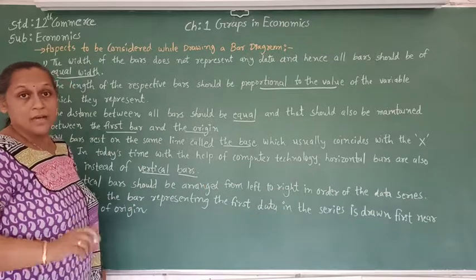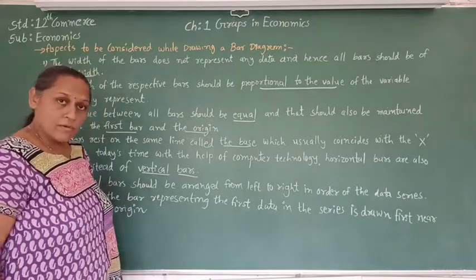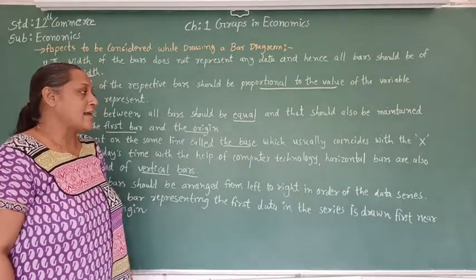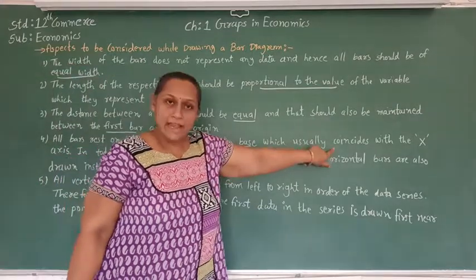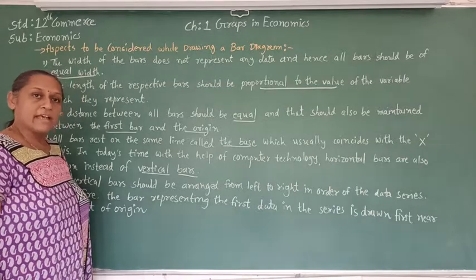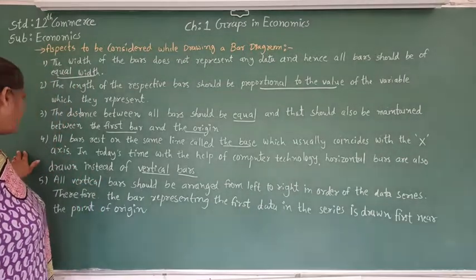Here, whatever bars we are drawing are vertical bars, but with the help of computer technology we can also draw horizontal bars. But the base must be on the x-axis. That must be taken care of while drawing the bar diagram. So that is point number 4.